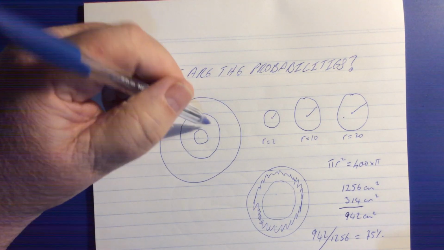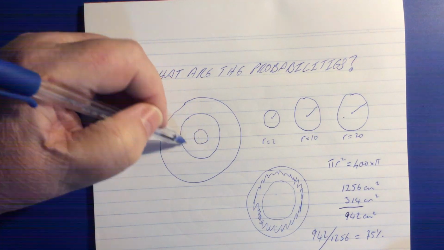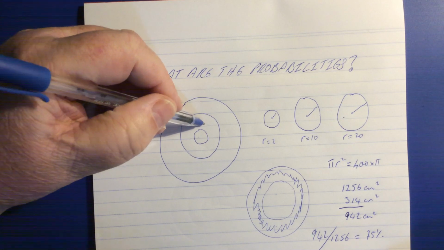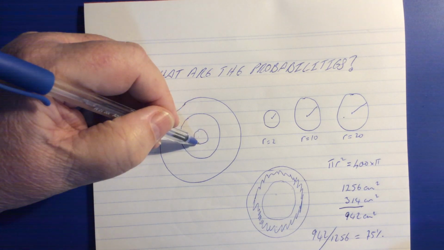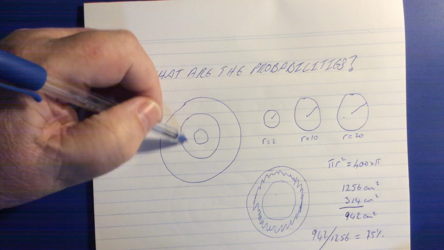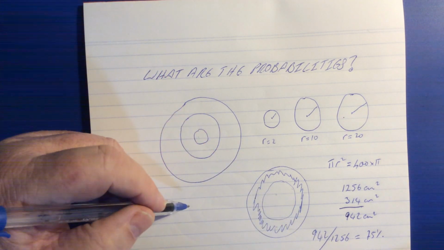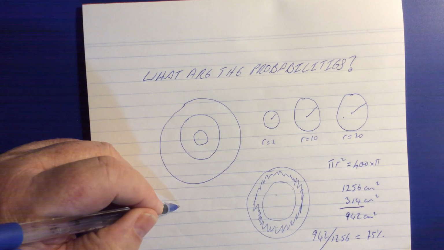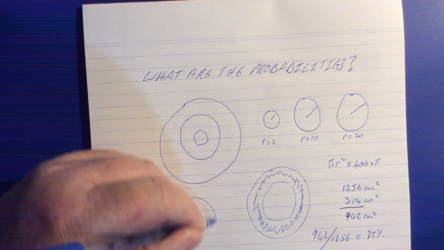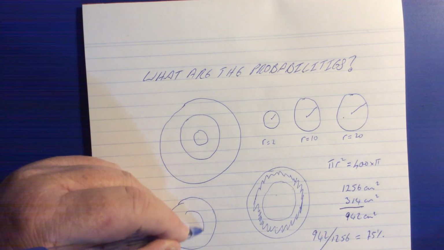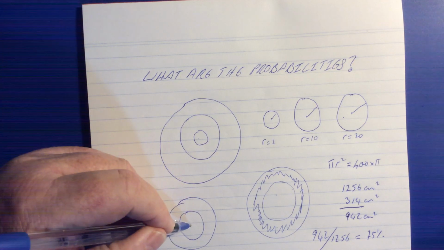Now, what is our chance of hitting this inner ring? Well, it is the area of this inner ring divided by the total area. So what is the area of the inner ring? I'll just do that over here. Quick and very rough illustration.